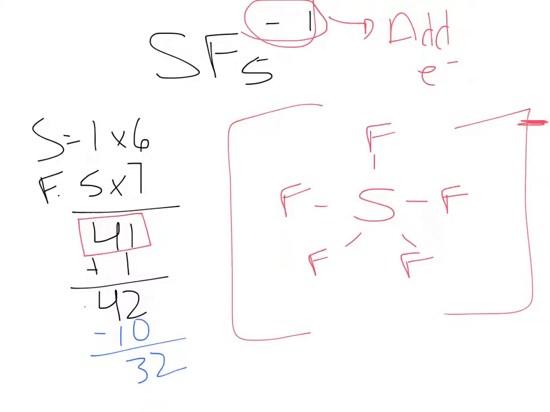I've got 5 atoms, right? So how many am I going to use? 5 times 6 is 30. So that means I'm going to have how many left? I've got 2 left. So where am I going to have to put them? On the S. Very good. So let's look. Now change this up.